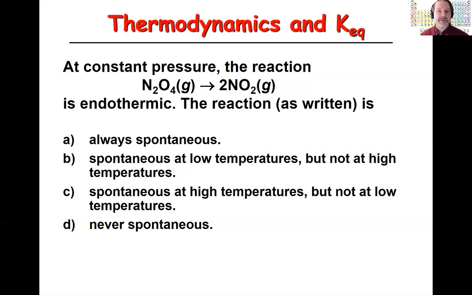So if this is endothermic, where heat is going in, what is this in terms of delta S? Well, delta S, our entropy, we're looking at the molecule, N2O4 is 1, going to make 2. So this is a spreading out.